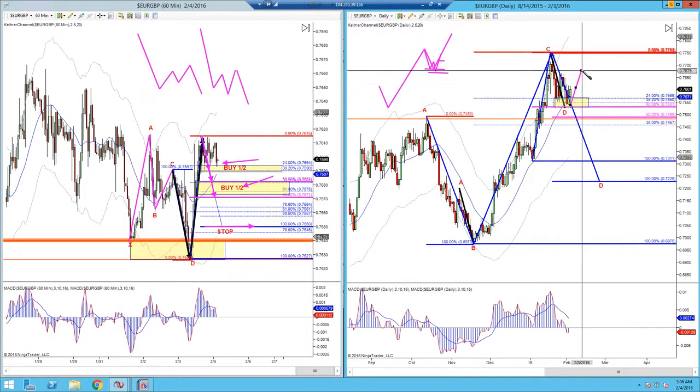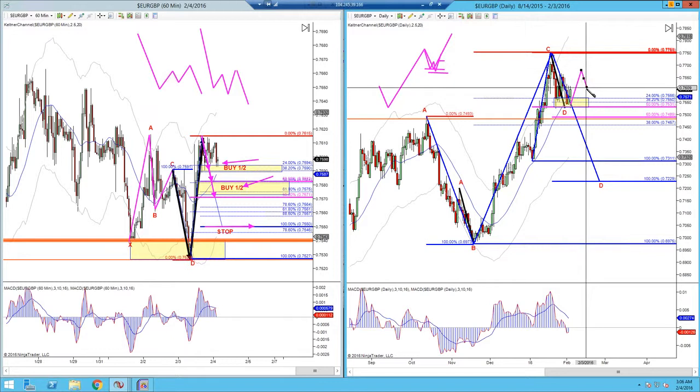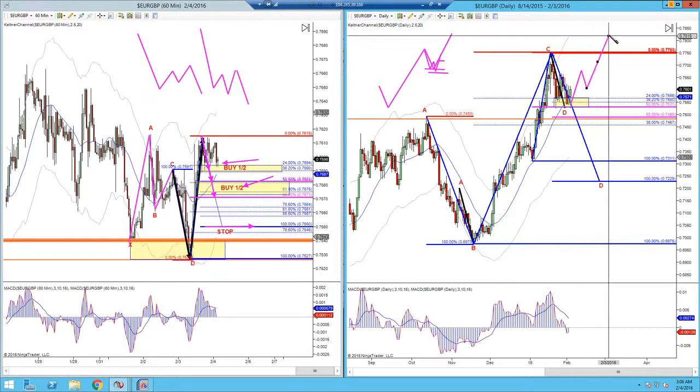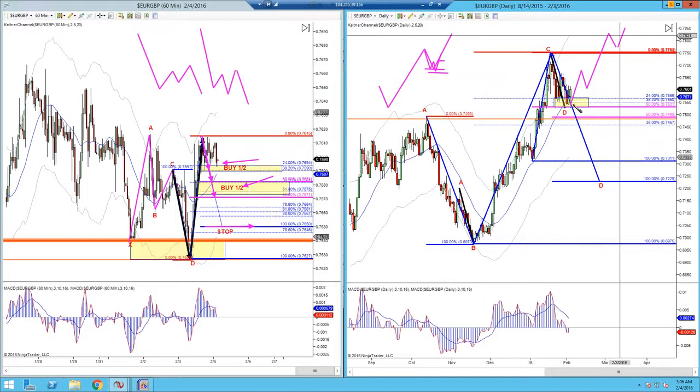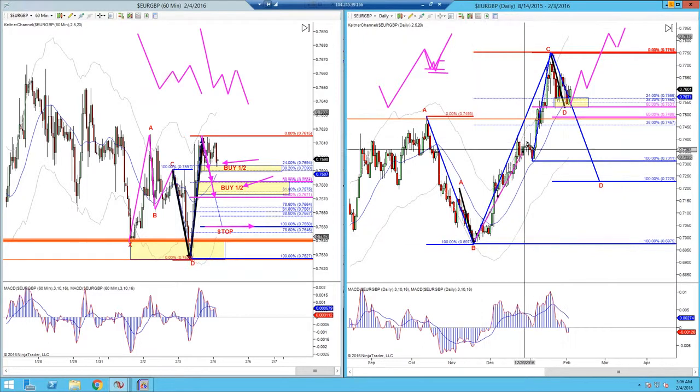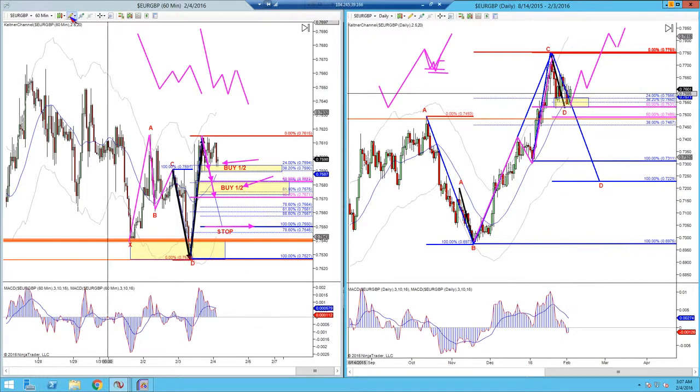I'm looking for it to move higher, like that, higher, and continue its uptrending mode, just like this did. This is obviously in a bullish mode. It's obviously going up. And yeah, I got the entries right there for you guys.